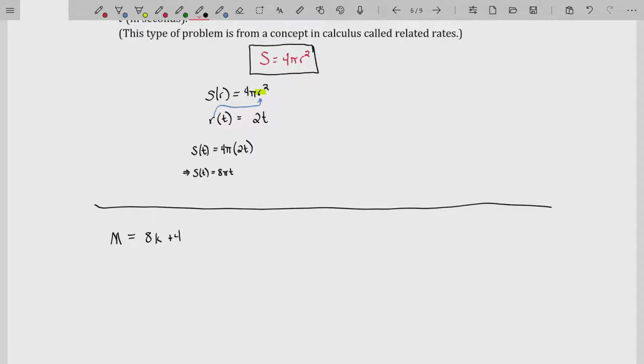But you find out that k is a function that is equal to 3g plus 7. But you know that g is equal to 2f plus 4, and maybe f is equal to x plus 1.